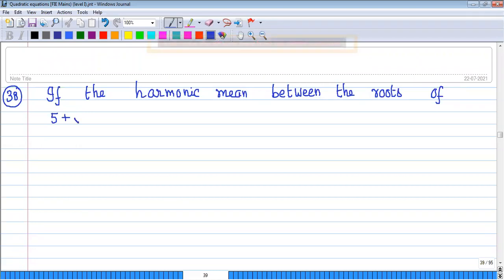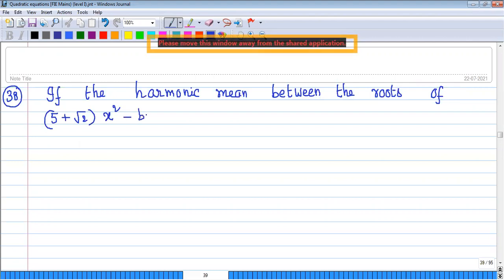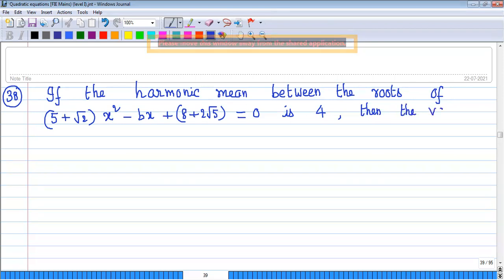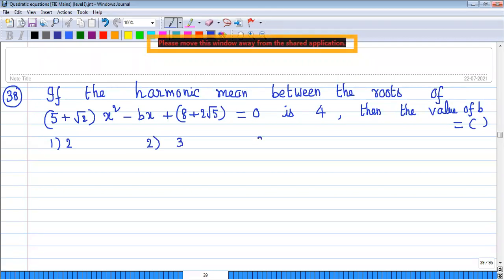5 plus root 2 of x square minus bx plus 8 plus 2 root 5 equal to 0 is 4, then the value of b: first option 2, second option is 3, third option is 4 minus root 5, fourth option is 4 plus root 5.